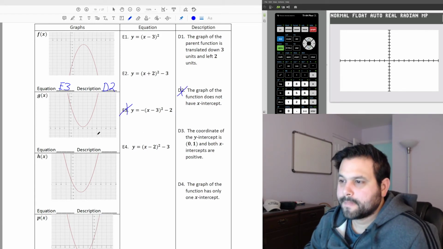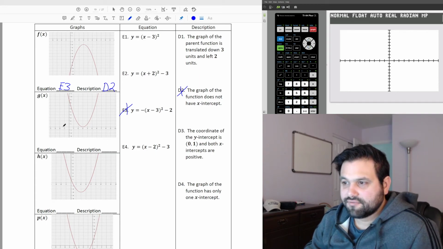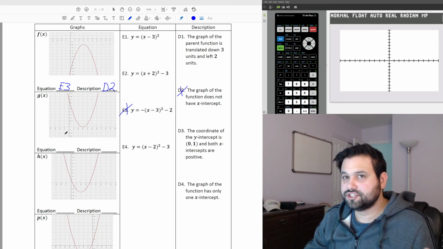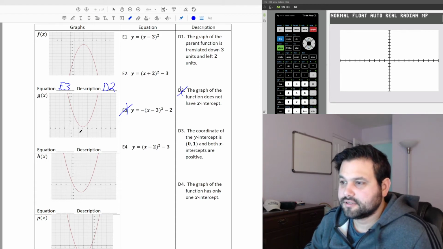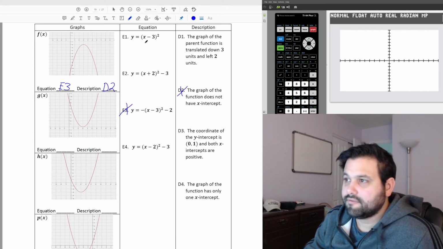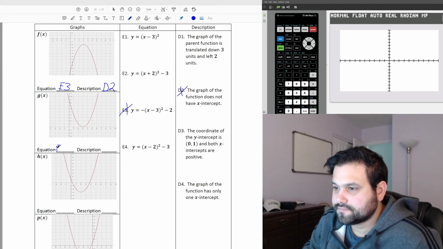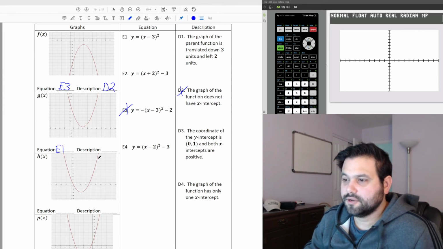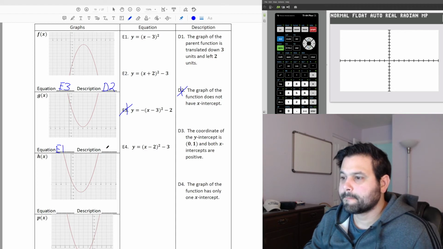Okay. G of x looks like a regular parabola, but maybe it's been shifted to the right 3 units. So let's take a look at our options here. And this one looks like it has 2 different transformations. This one looks like it's been shifted to the right 3 units. E1. Okay.